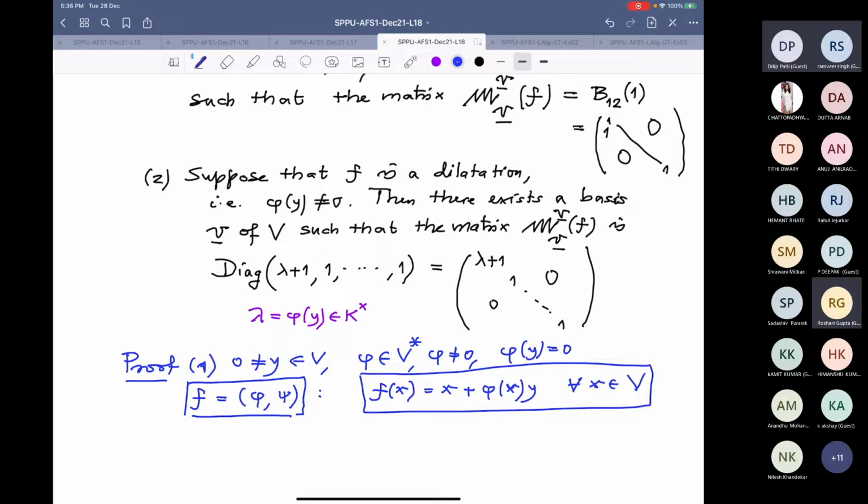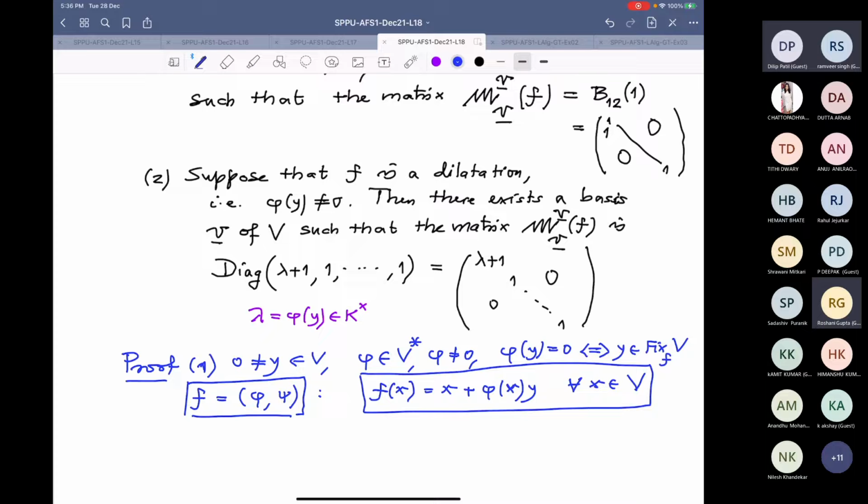All right, now we want to find a good basis. So what do I know? Now phi y is 0, so this condition means that y is in the fixed plane. y is in this hyperplane. And this is n minus 1 dimensional. So I can definitely take this y as a non-zero vector there, one of them.